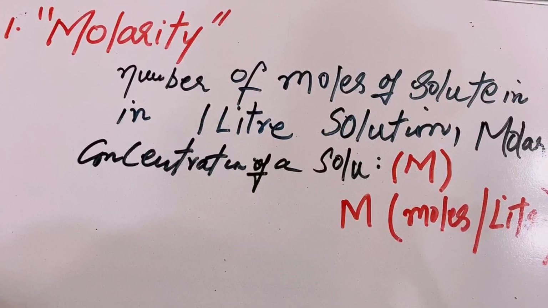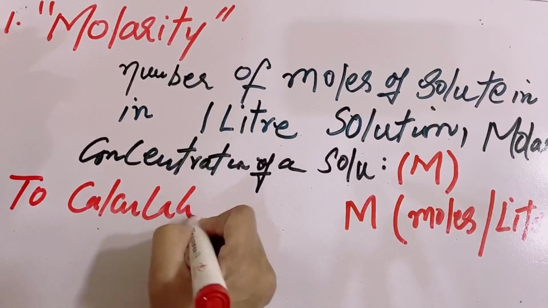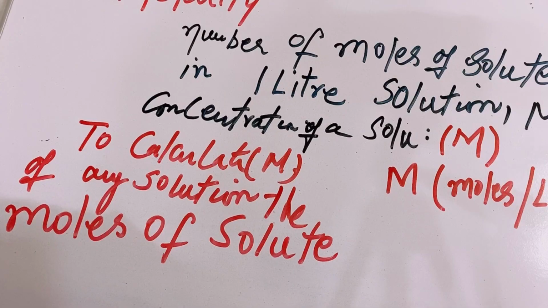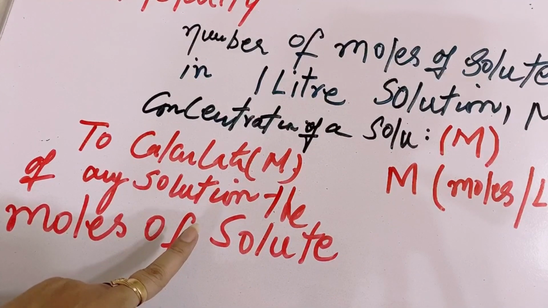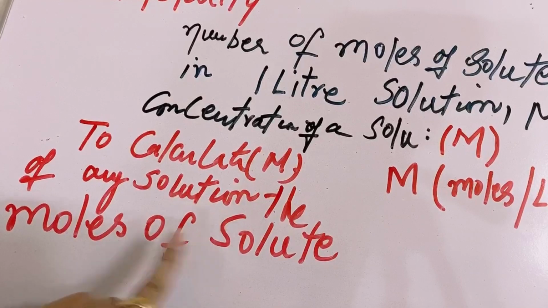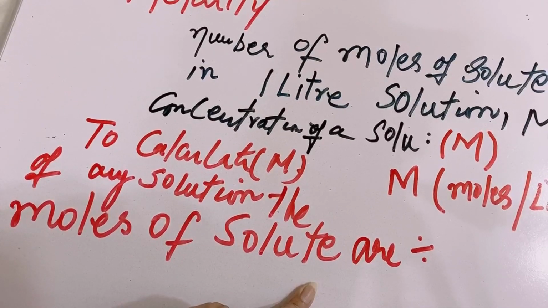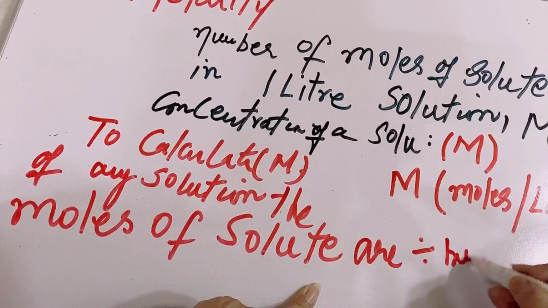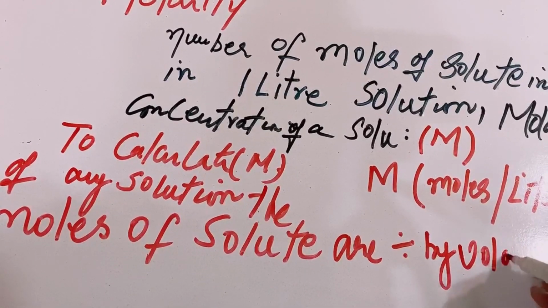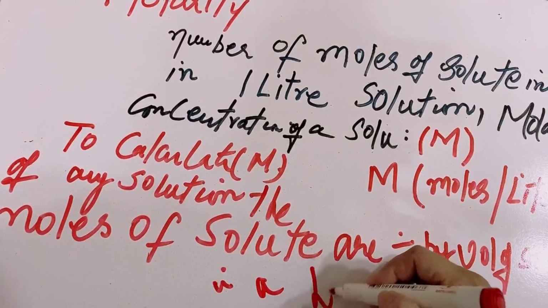Now, how can you calculate molarity? To calculate molarity M of any solution, the moles of solute are divided by the volume of solution given in liters.